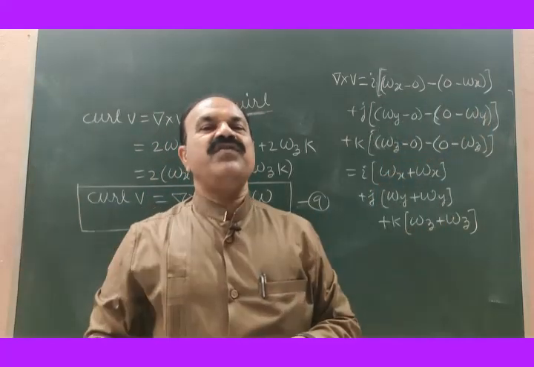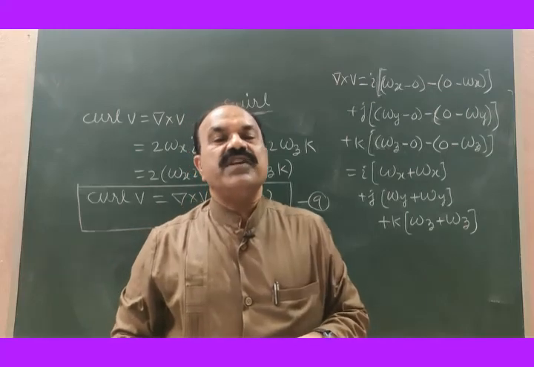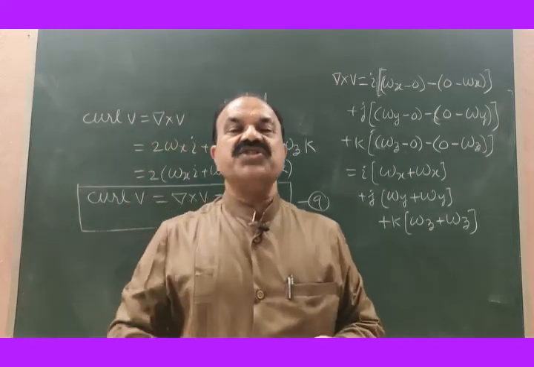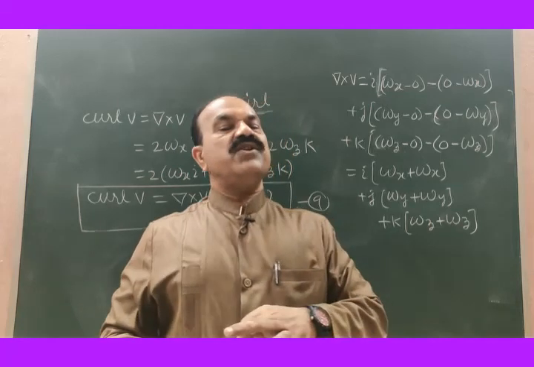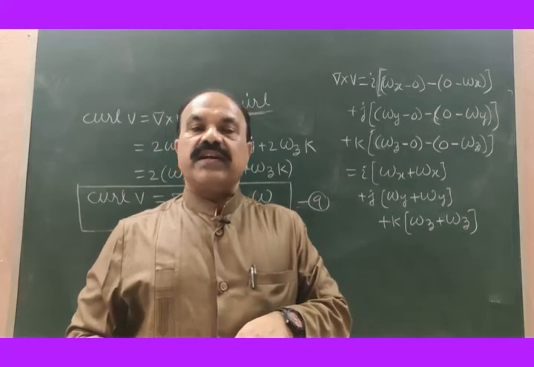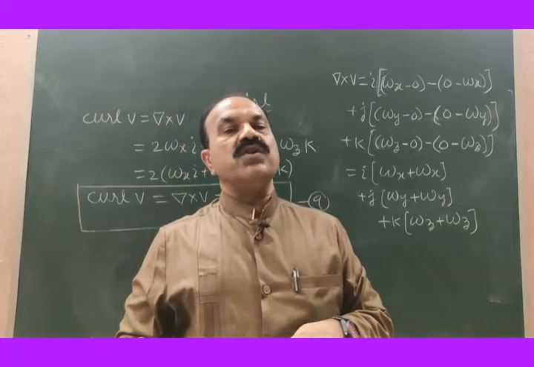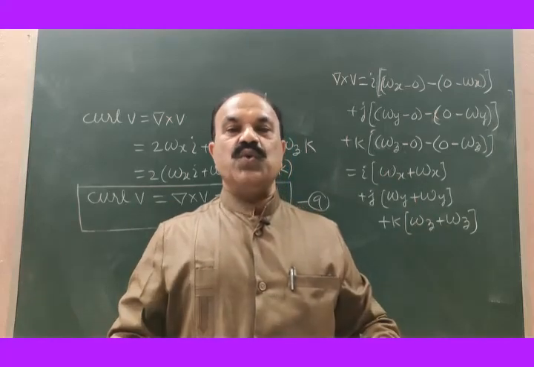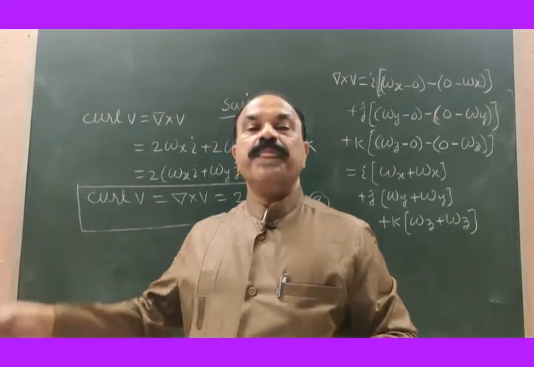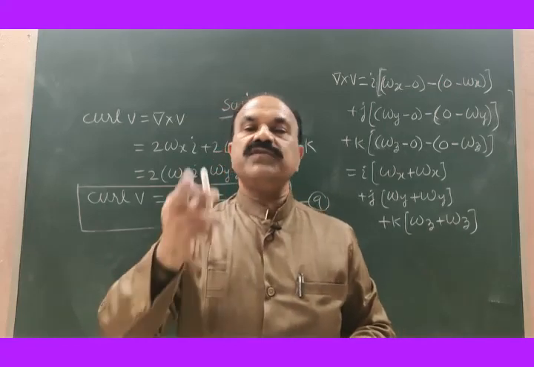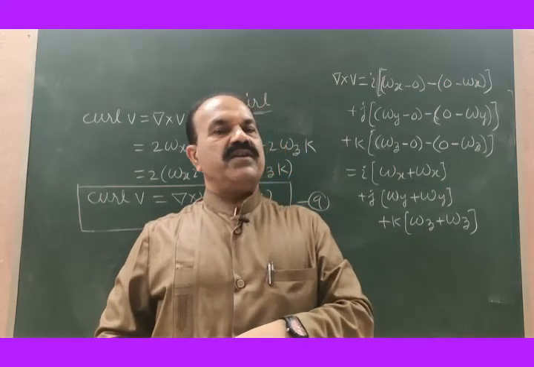If such vector fields are present, such vector fields are known as non-conservative vector fields, and in case of non-conservative vector fields, the line integral of a vector point function about a closed path is non-zero, and therefore curl of a vector is a very important property of non-conservative vector fields.